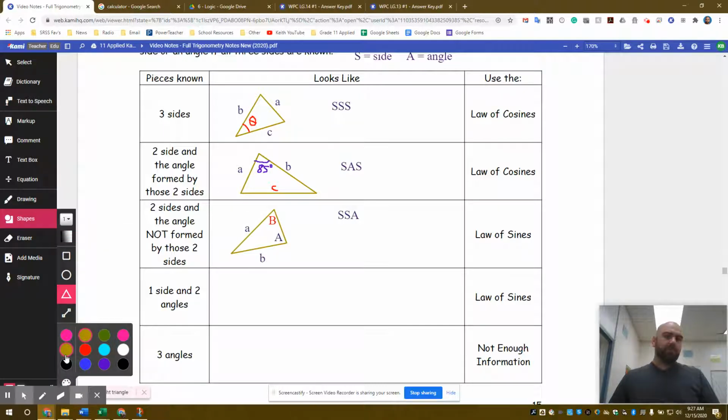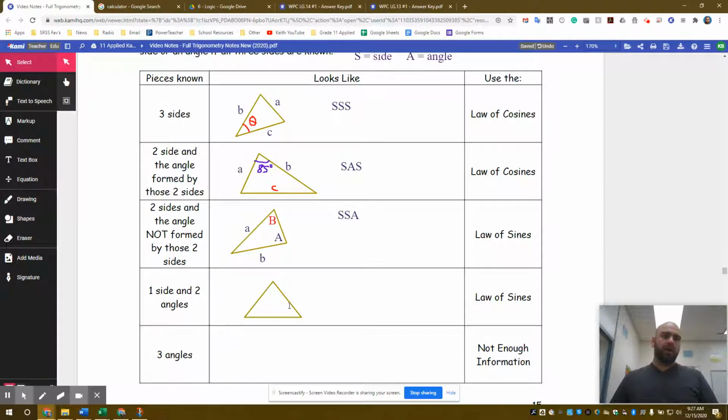All right, next one here, a side and an angle that is formed, and two angles. Let's put this in here. Again, I'm going to draw that out a little bit differently.